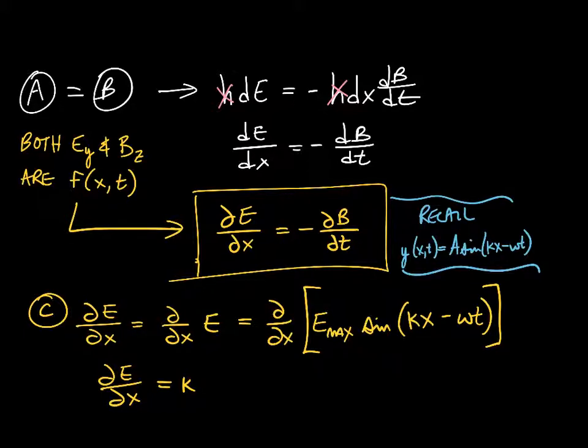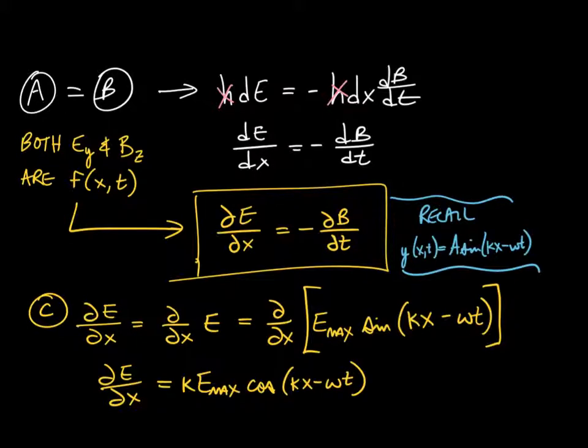E comes out as a constant, the derivative of sine is cosine, and the phase angle doesn't change. So that's what the partial of E with respect to x is, calculus-wise.